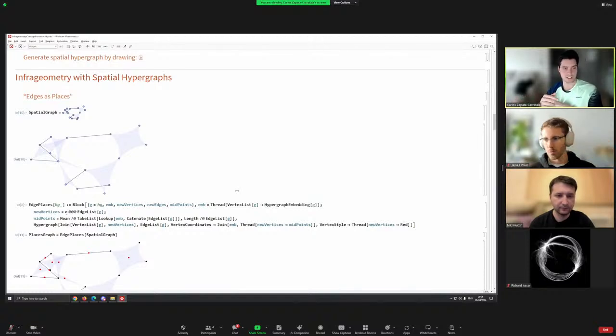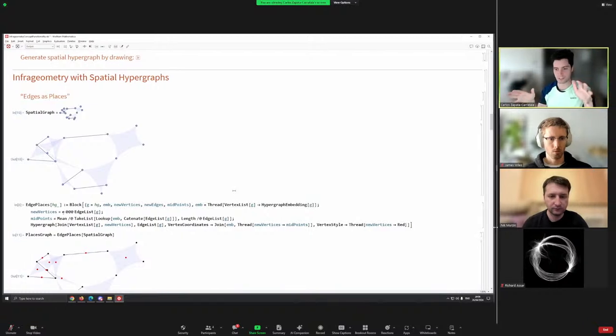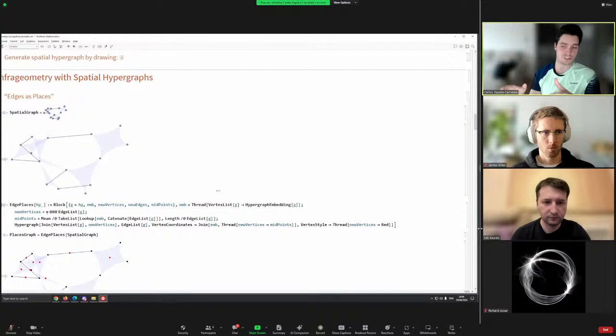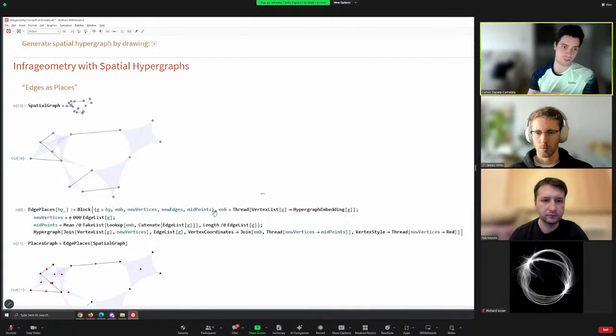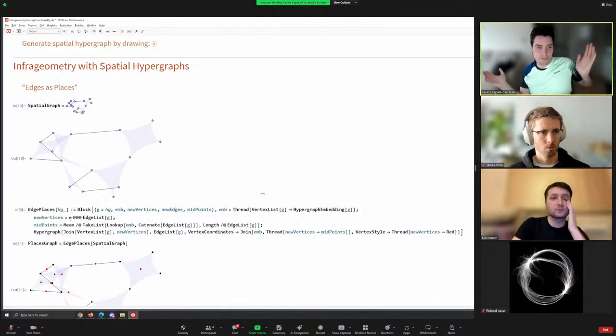Vertices are considered as landmarks, or in this outer space picture, the outposts where you can refuel and there's a breathable atmosphere or whatnot, and the edges are the regions of space in between these space stations or outposts. You can definitely traverse them with your spaceship, but you can't leave it on them. You can't just stay there. But they're nonetheless still places that you can go through, right?